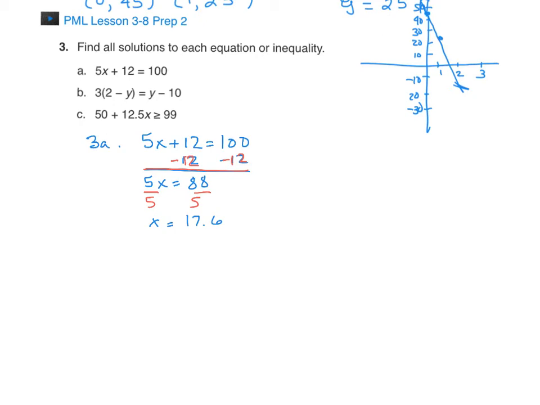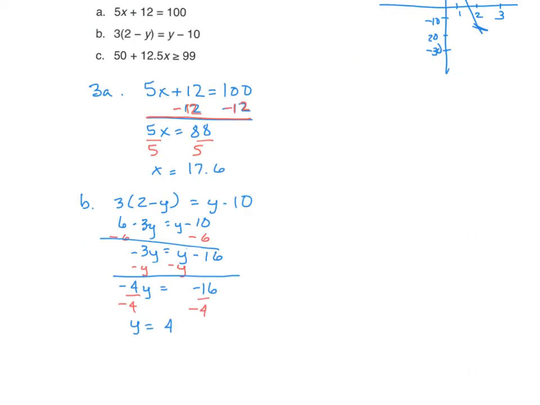All right, let's look at b. We have 3 times 2 minus y equals y minus 10. So again, pause this and see how you do. Okay, so here we go. Let me explain what I did.